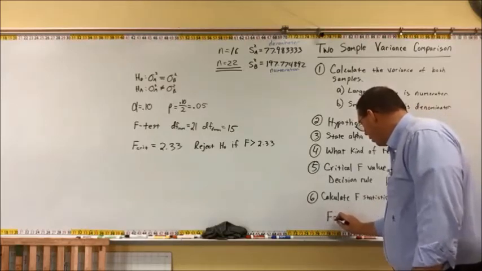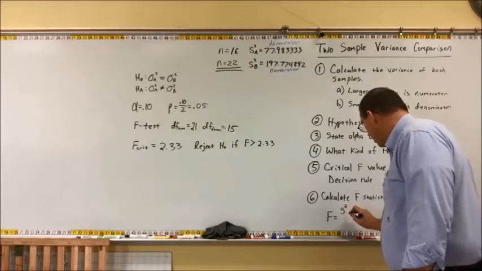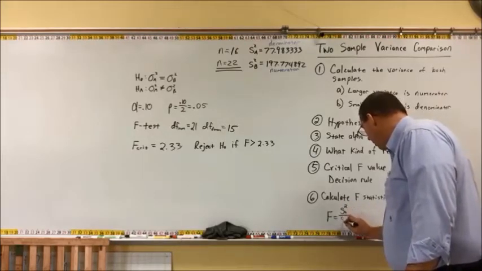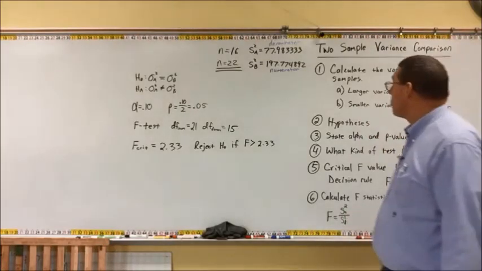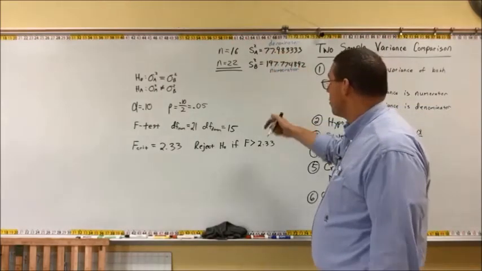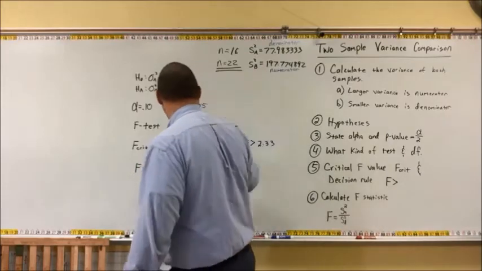F is equal to the sample variance of the numerator divided by the sample variance of the denominator. So all we're going to do is take the numerator variance and divide it by the denominator variance.